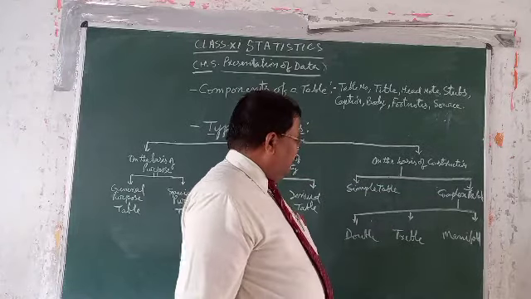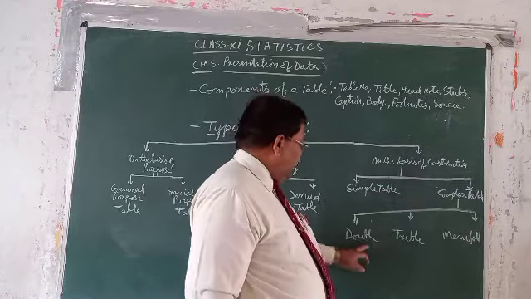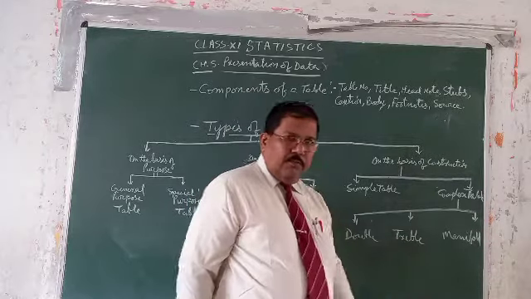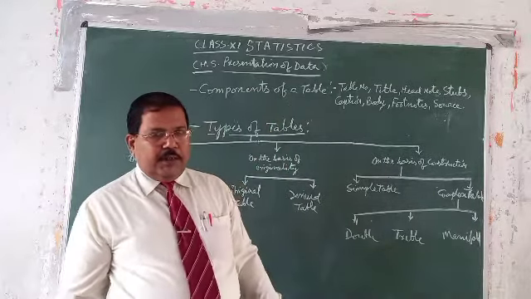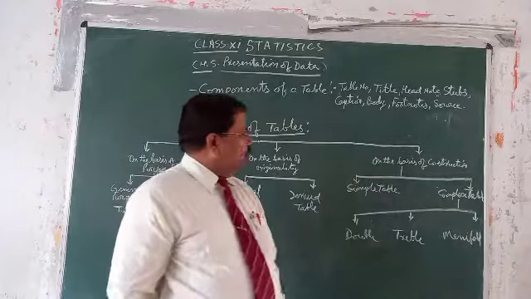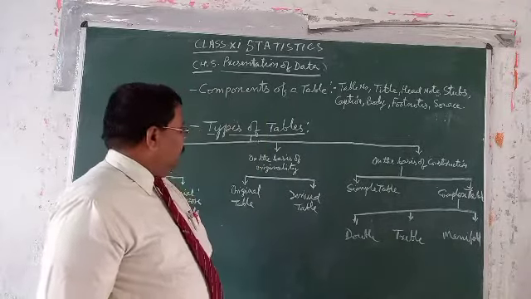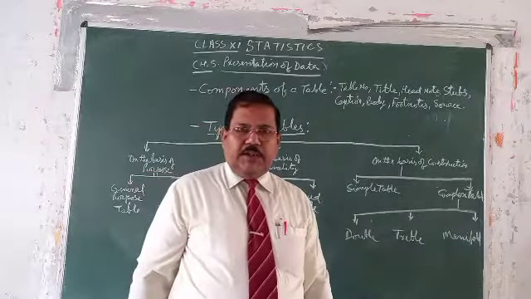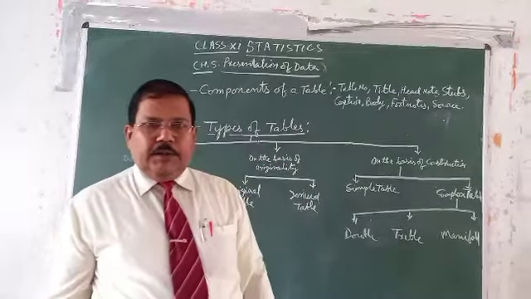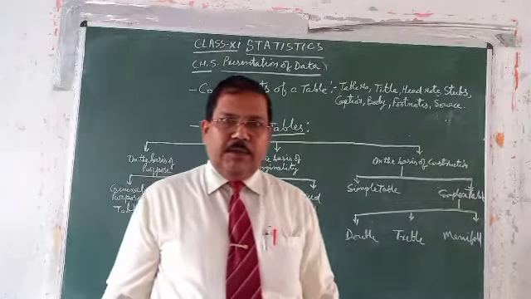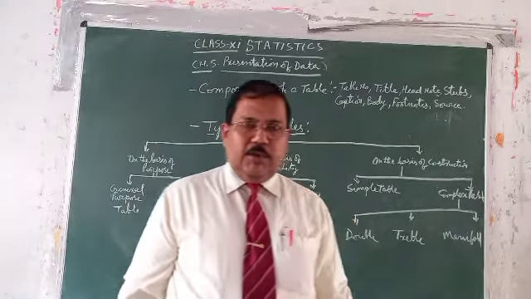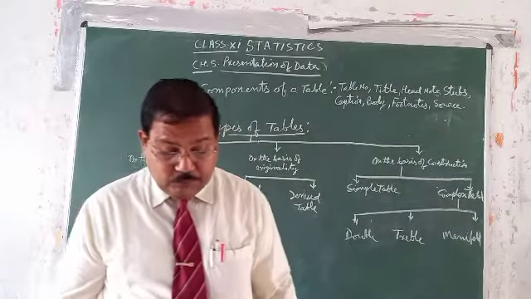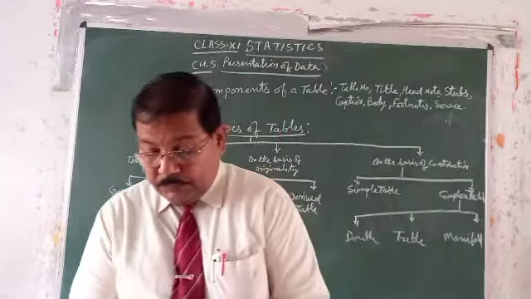The complex table is of double, treble and manifold. These are the various types of tables which we construct for the study of various aspects in our economy in statistics.